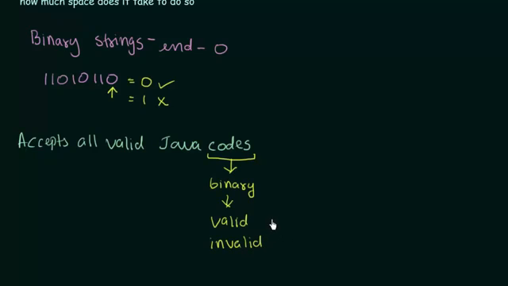My question is: is it possible to design this kind of a system? The answer is absolutely yes, we can. The best example I can give for this is compilers. When I write a piece of Java code into my compiler and compile it, if I have written it correctly without any mistakes, the compiler compiles and runs it because it is valid.